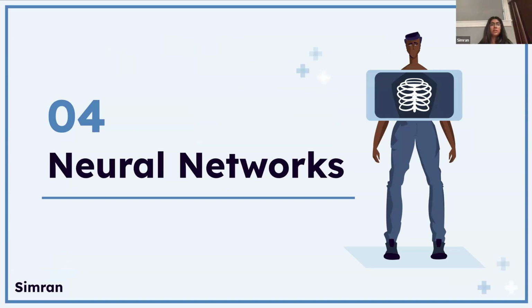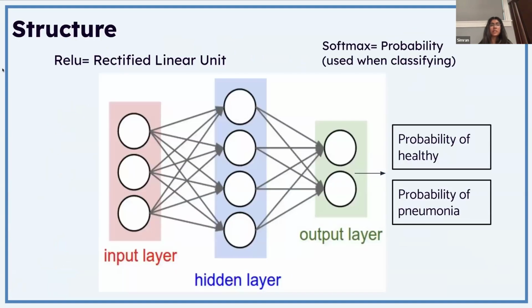So, to move on to more complex models, we used neural networks. The proper definition is a machine learning model consisting of interconnected nodes called neurons that process information and make predictions. With that being said, this is the structure for an NN, which has inputs, hidden layers, and outputs.